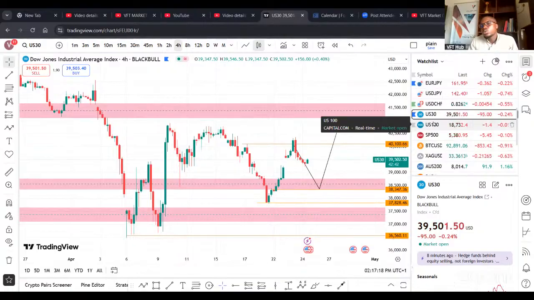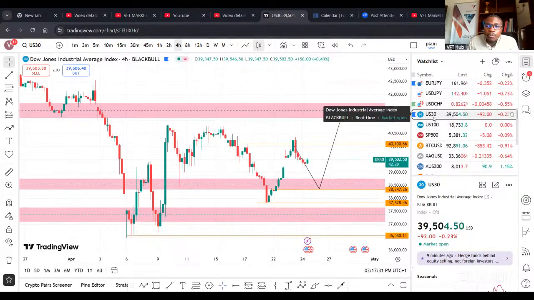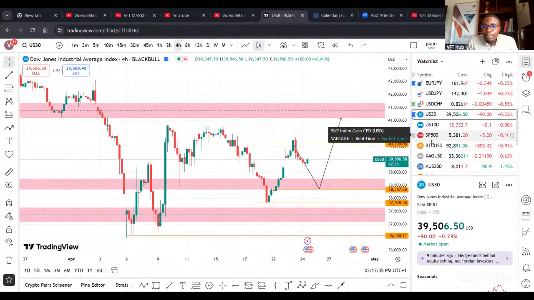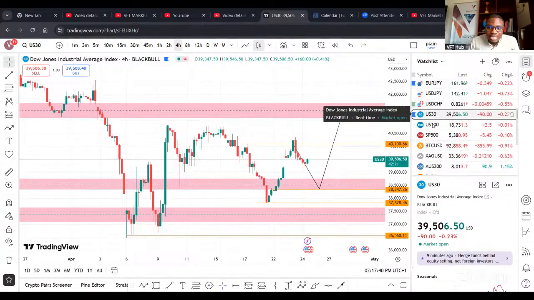Especially with what we have now, with the markets being driven strongly by fundamentals, they will tend to move in the same direction. So by the time US 30 starts rallying to the upside, we should see that movement on S&P 500, or the reverse. If we start seeing movement on S&P 500, we expect it on US 30.